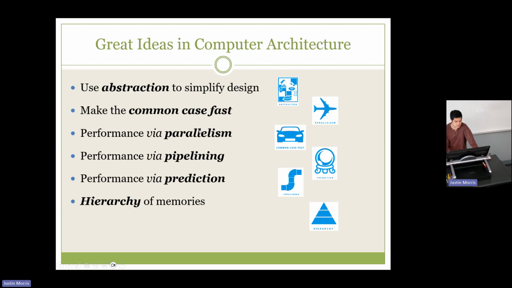These 3 ideas we are going to get into towards the middle and end of the course. But these 2 we will cover very quickly. And then at the very end of the course, we'll talk more about the hierarchy of memories. But that is mentioned early on as well. But we'll get into the details later.